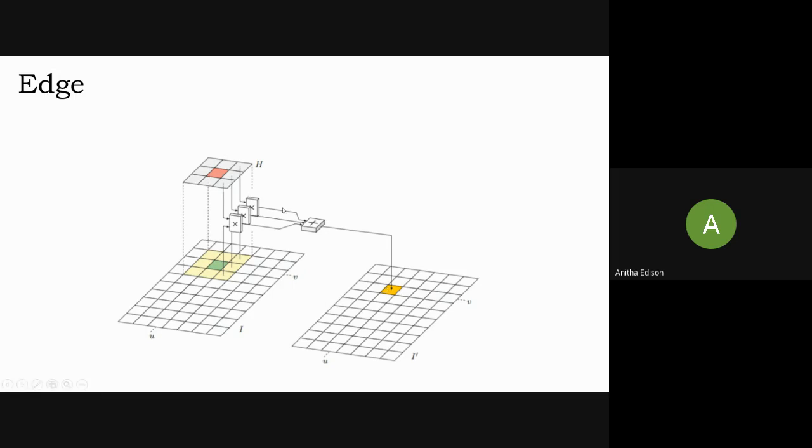Then this kernel is shifted, and again the operation is repeated to replace each pixel. Okay, so that is how convolution is done.